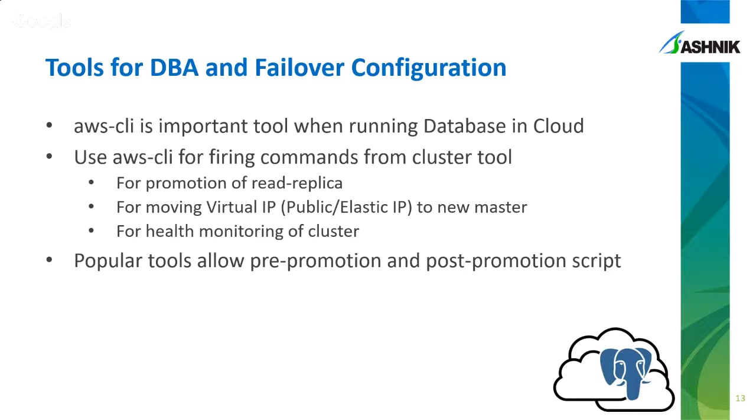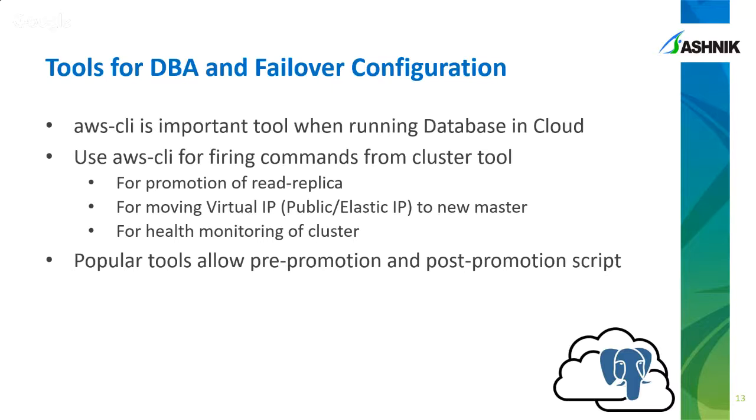It allows you to access a lot of commands or perform a lot of operations. For example, it allows you to do promotion of a read replica, or it allows you to move a virtual IP from one machine to another machine. That is basically releasing the virtual IP, or elastic IP, and then attaching it again.